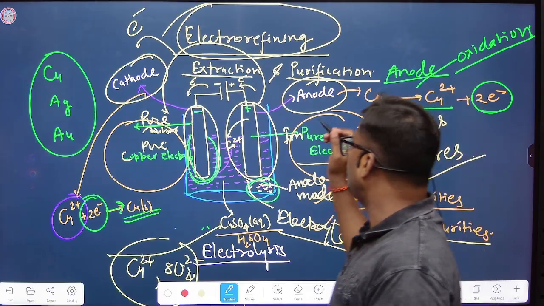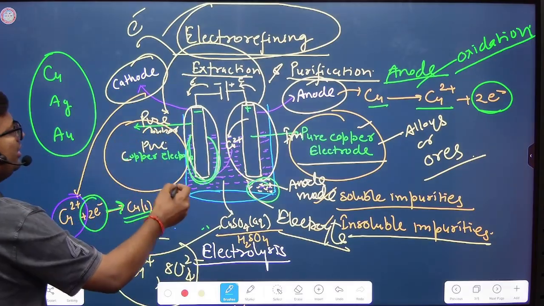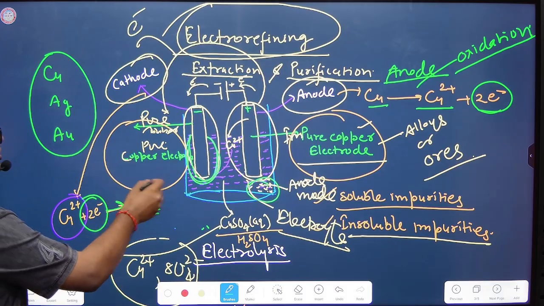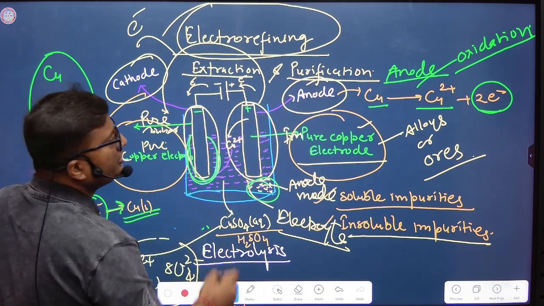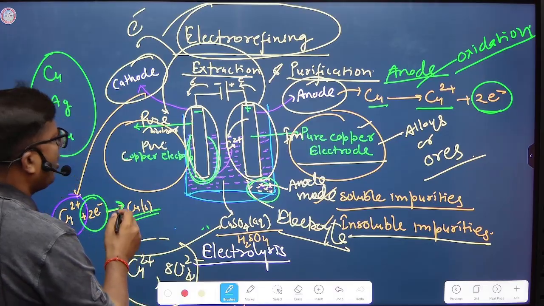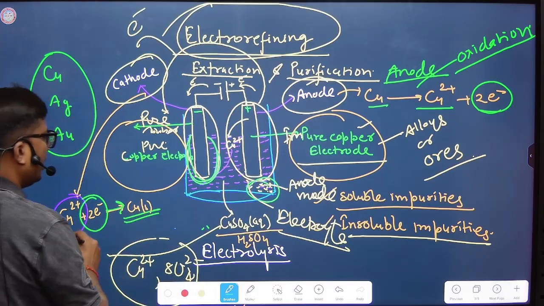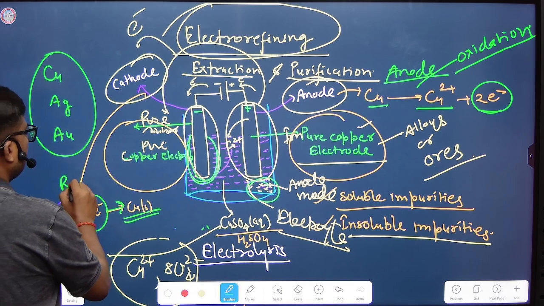Now at the cathode, where the pure copper strip acts as a cathode, it is a rich source of electrons. Now the oxidized copper 2+ will ultimately reach the surface of this cathode and get reduced to copper solid, right? So ultimately this is a reduction reaction.